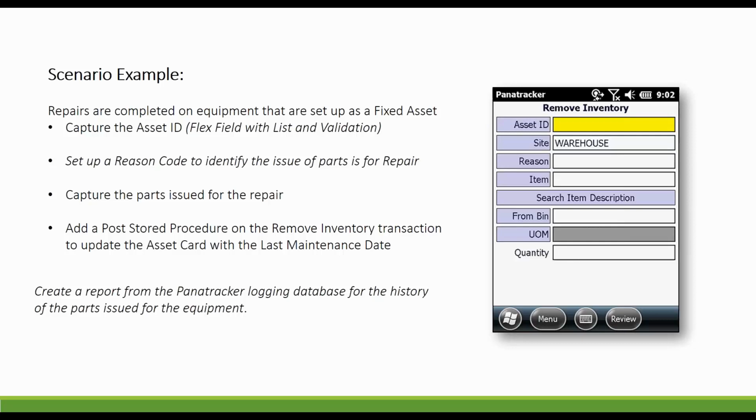So they can complete the transaction and run a post-stored procedure to update the asset record on the last validated stage. Many different options they can do through a simple stored procedure. Again, a simple example of how that extensibility is native to Panatrack.